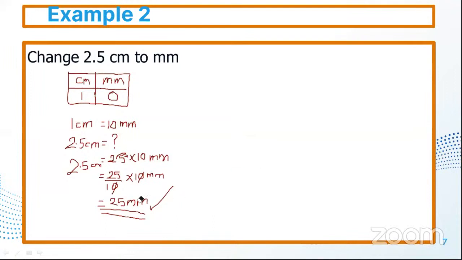So the best option you can do is to change it to a fraction. So if you have 2.5, since it has only 1 decimal place, and this place value is called tenths, for you to write it as a fraction, it becomes 25 out of 10.